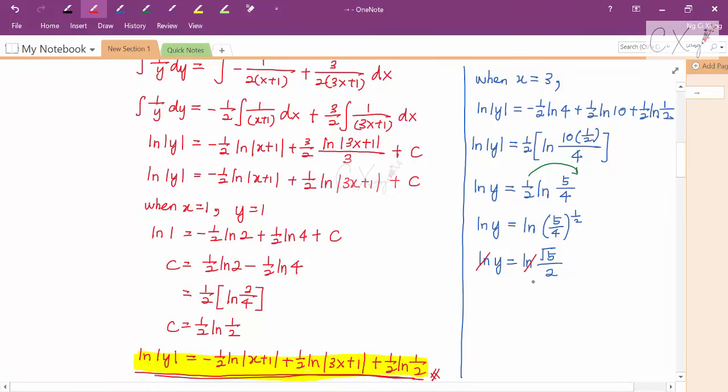Therefore, your final answer for y will be equal to square root 5 over 2. So this is the exact value for y. Okay, so I hope you can understand. And here we end our question number 9.